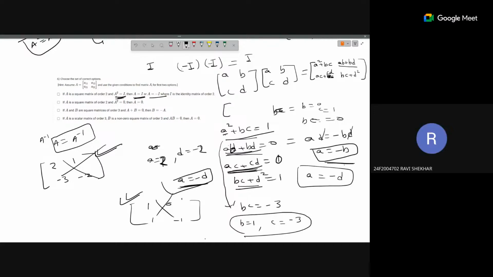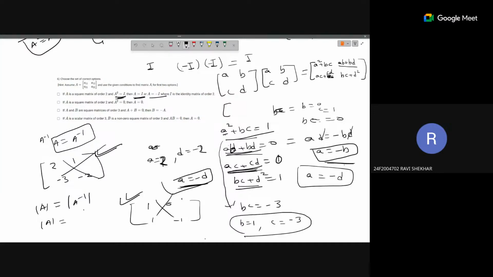For that same equation where you have written A square is equal to I, sir, if we multiply both the sides by A inverse like you did earlier, then we are going to get A is equal to A inverse, and then we take determinant on both the sides. That means determinant of A is equal to determinant of A inverse.